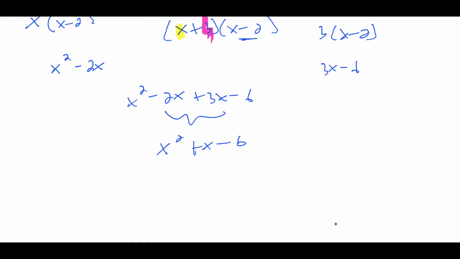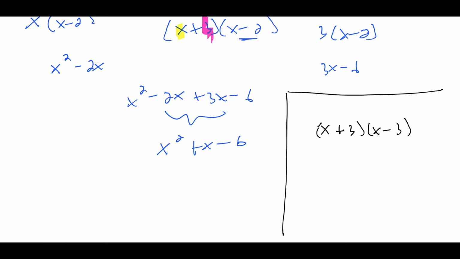One other thing. If you have x plus 3 and x minus 3, this is like a special situation. They're called conjugates. They're exactly the same thing except for what? Except for the positive and the negative sign. So let's FOIL this open and see what happens.